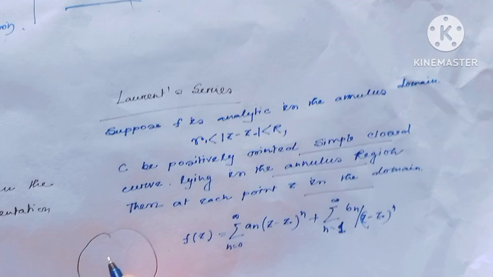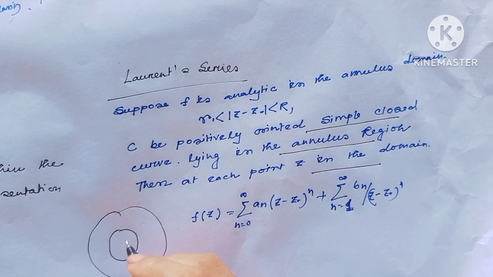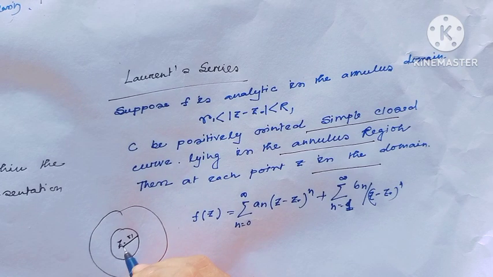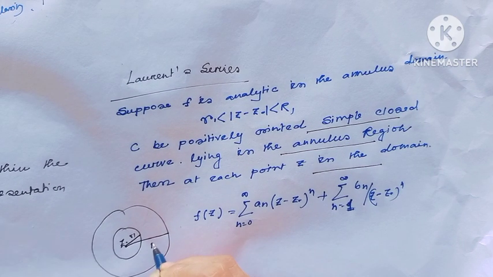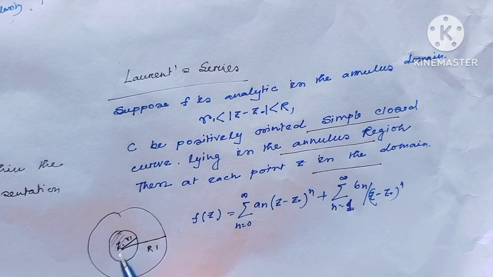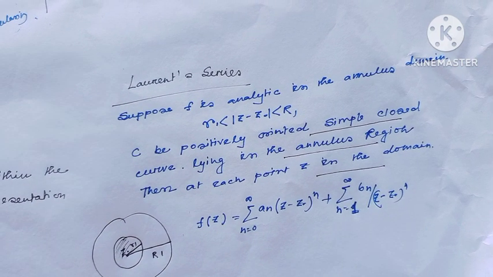That means the picture would be of such a type. Here at the point z0, around it, this is the radius small R1 and this is the radius capital R1. In the inner region the function is not analytic; the function is only analytic here.